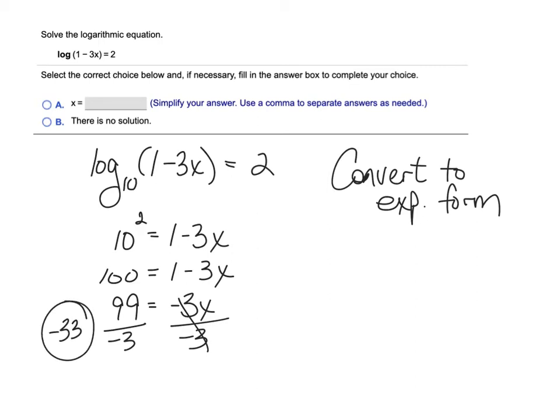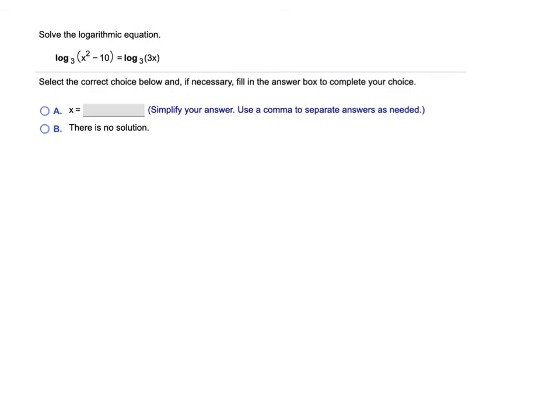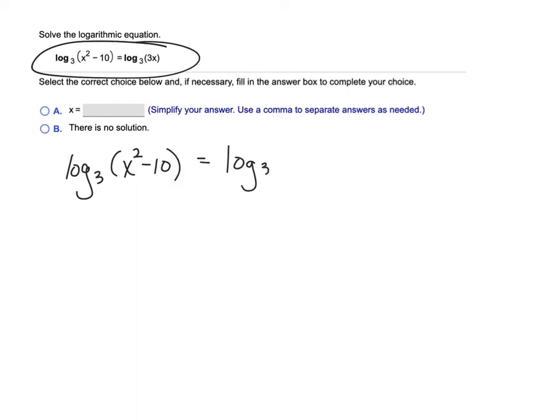All right, now we get to the last kind of logarithm equation that we'll see. If you notice, in the equation, we have log on either side of the equal sign. So this is a little bit different. In the past ones, we've had a log and then a number on one side. But this one, we have logs on both sides.